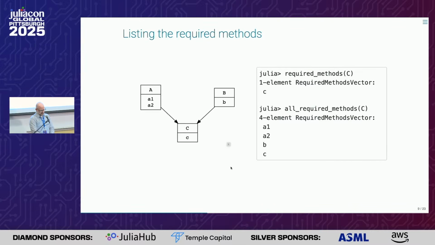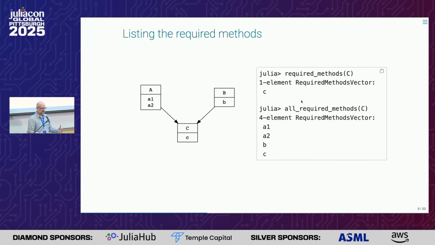I have some utility functions here that allow you to query what the required methods of an interface are. The required methods function, as you can see on the right, when you call it on interface C, just tells you the functions that are declared to be part of the extension, the ones that are explicitly declared in the interface declaration for C. So that's just the function C. But of course, C extends A and B, so in order to actually implement C, you have to implement A1 and A2 and B also.